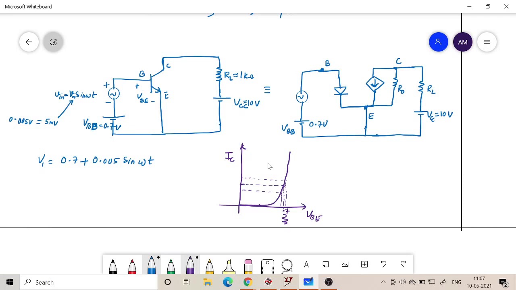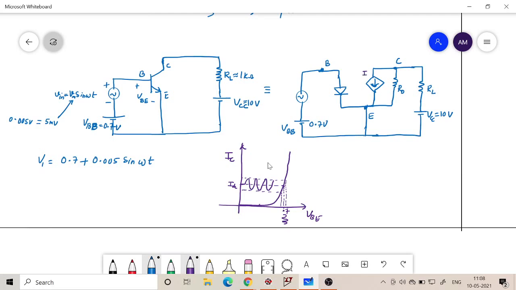So this is my normal current for 0.7, or IDC I can call it. When the voltage increases, my current also increases. When the voltage decreases, my current also decreases. So this is what the current source will generate.